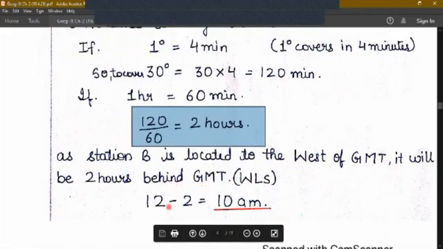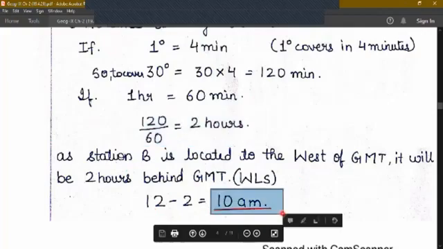That's why we will subtract 2 hours from 12. That will become 10 a.m. So here you have to be very careful about AM and PM also, right? I hope you understand this.